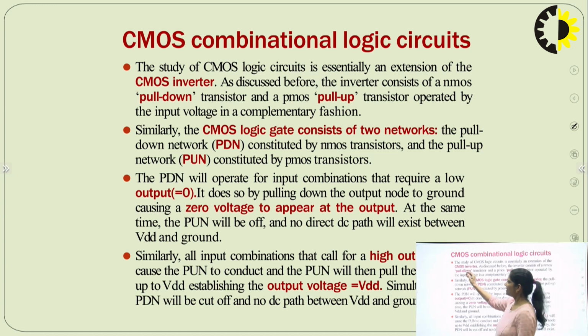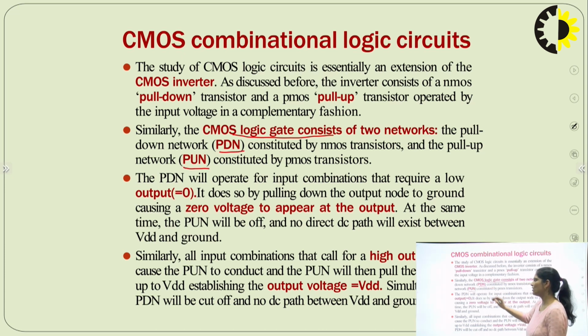Now we already discussed the CMOS inverter. In the CMOS inverter, it is a combination of PMOS and NMOS. PMOS is the pull-up network and NMOS is the pull-down network. In CMOS logic gates, we use the same terminology: PMOS is the pull-up network and NMOS is the pull-down network.